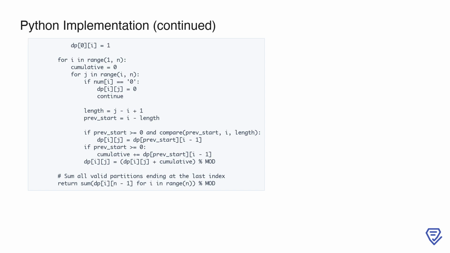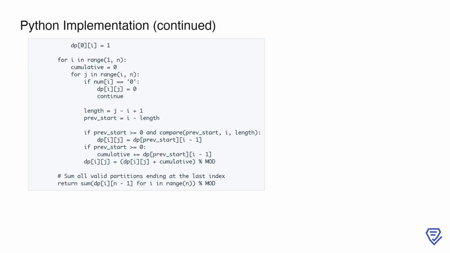Otherwise, we calculate the length of the current partition and determine the starting index of the previous partition. If the previous partition exists and satisfies the order condition using the compare function, we update dp[i][j] by adding the value from the previous partition. Additionally, we add the cumulative sum of valid partitions to ensure all possibilities are accounted for. Finally, we take the modulo with mod to keep the value within bounds.